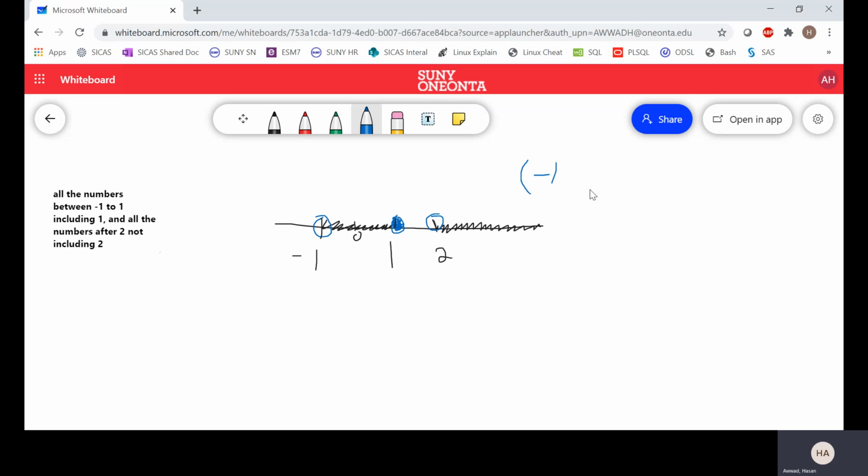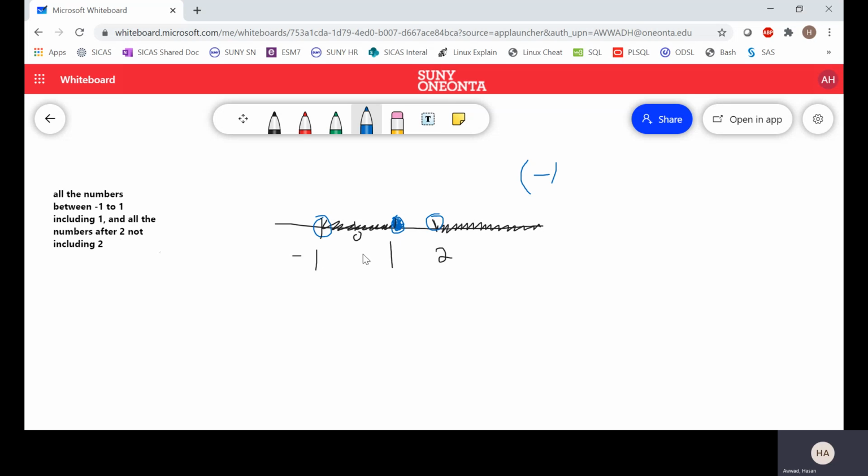And for the record, I had this as some people were confused in prior classes. I just want to get this straight. When you guys are writing your answer in interval notation, you're always going to start with your lowest possible value first, right? So in this case, -1 is the least, it's the smallest number that we care about, right?